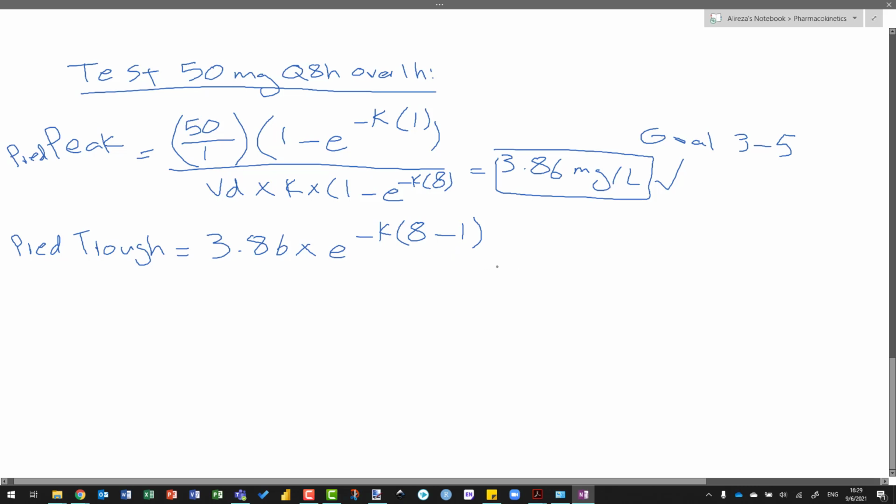So we want to make sure that by the time it's time for the next dose, the trough is what we want for safety. And this would give us 1.09 milligram per liter, which is less than 2. So as long as it's less than 2, this is in the safe range. So this is basically what we want.